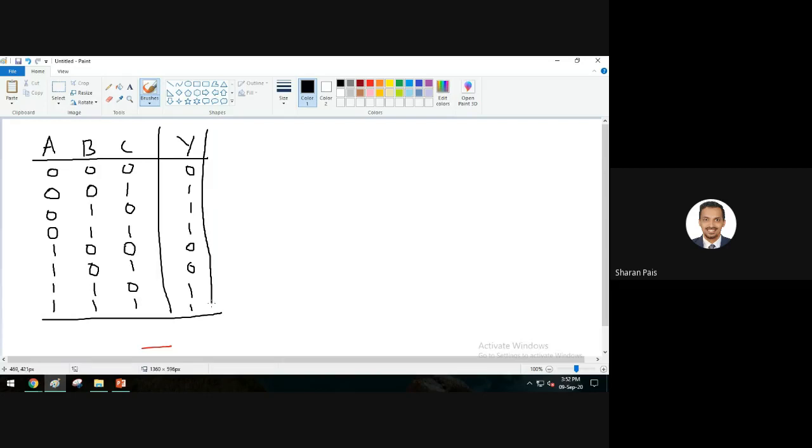Fine. This is the table whatever I have. Fine. How to write a K-map for this?